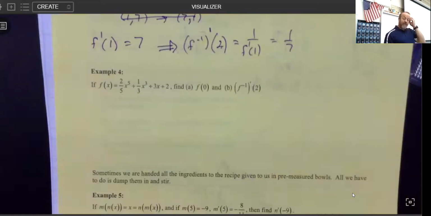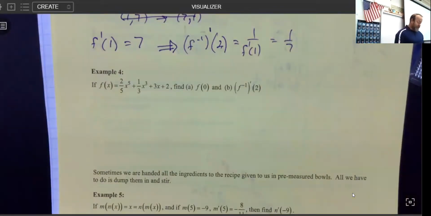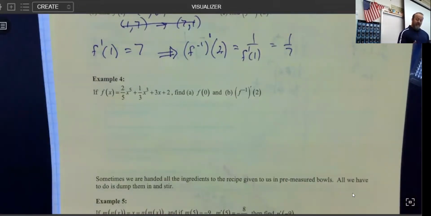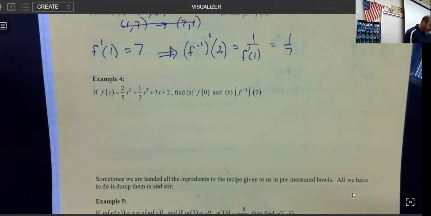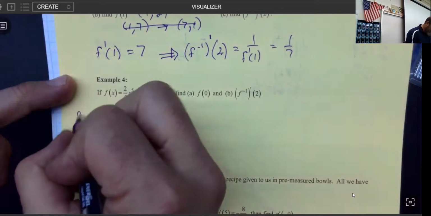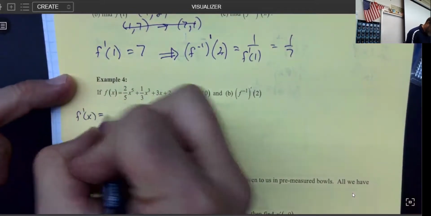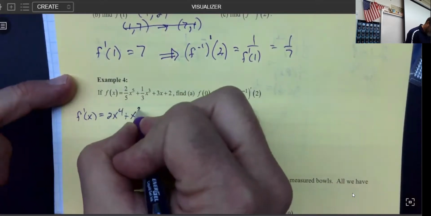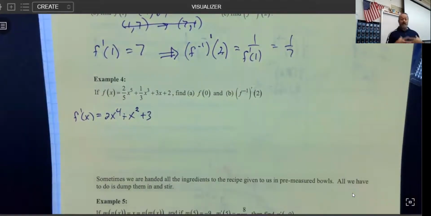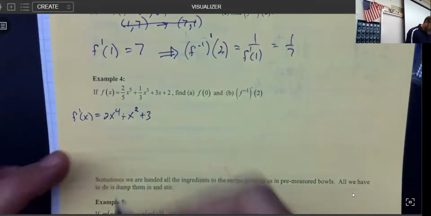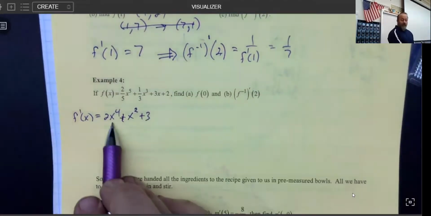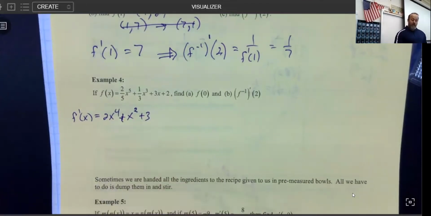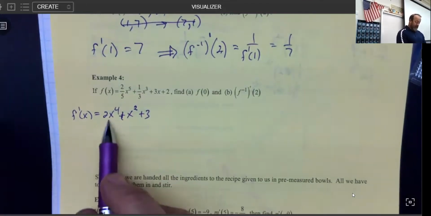Okay, example 4, and that'll be the end of this one. Again, we're going to start by finding out, is this in fact a monotonic function? So let's start with saying f prime of x would be 2x to the fourth plus x to the second plus 3. A nice feature is that if you take anything to the fourth power or second power, no matter what, it's going to give you 0 or a positive.